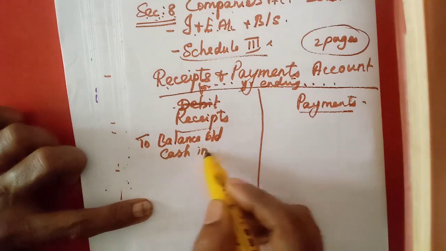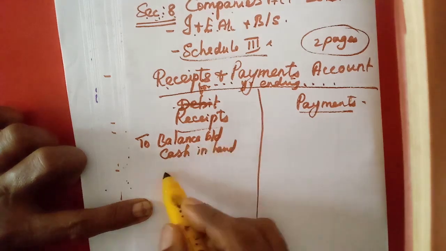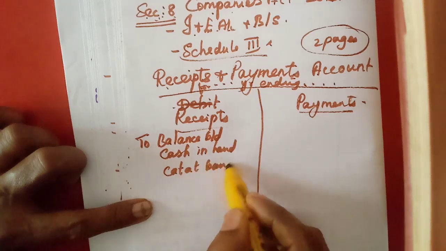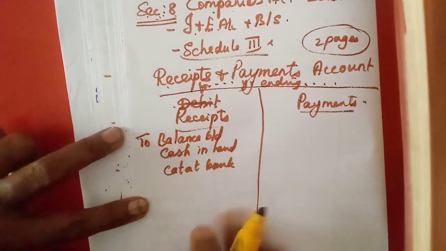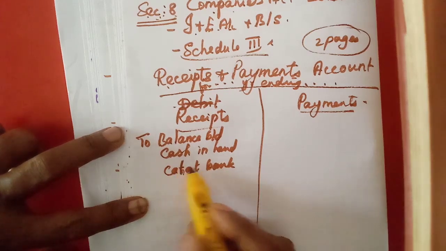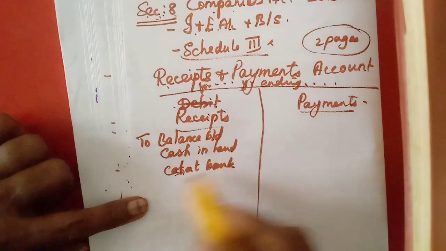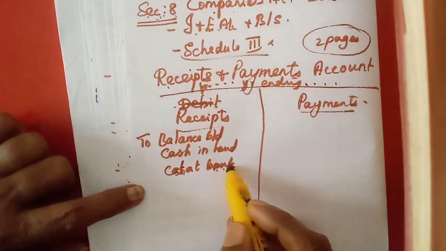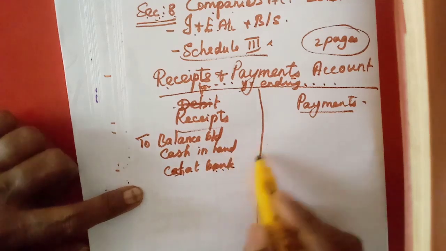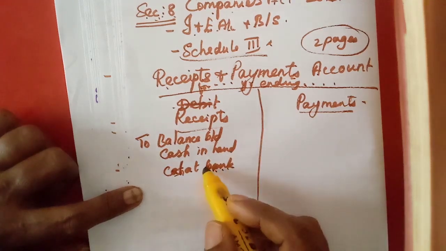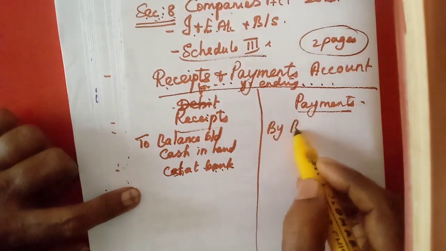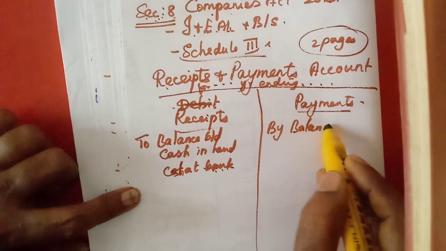Cash in hand and cash at bank. If cash at bank is a favorable balance only, it will come here. If it is an unfavorable balance, for example bank overdraft, then we should write it by balance brought down.